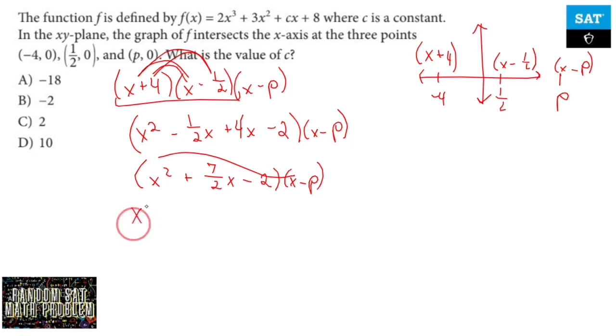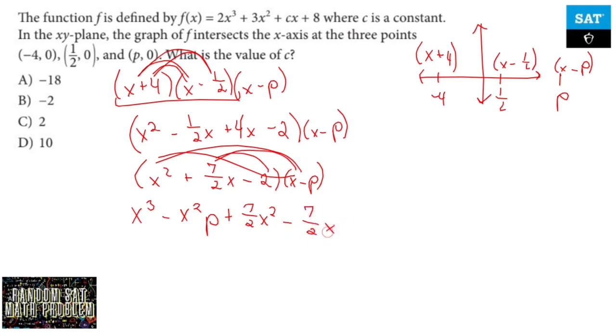X cubed, times x times negative p, so negative x squared p, plus 7 over 2 x squared, minus 7 over 2 xp, minus 2x, plus 2p.